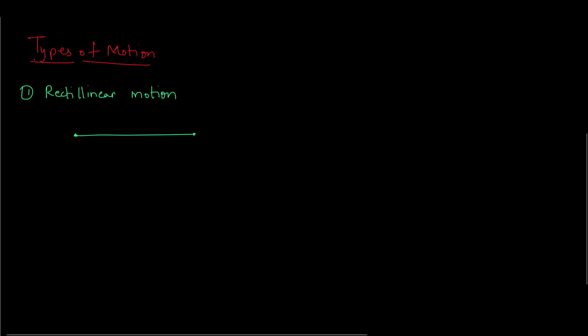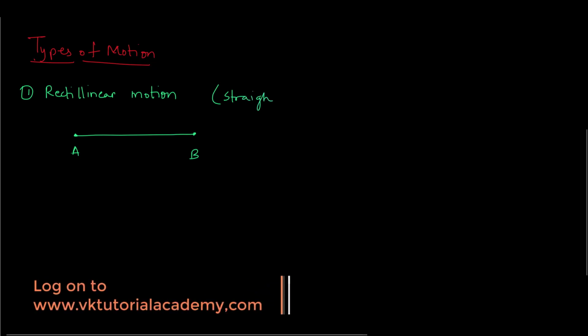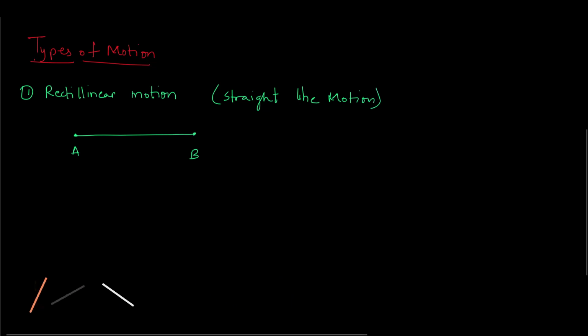Next we'll see what are the different types of motion. First is rectilinear motion. Motion along a straight line is called rectilinear motion. Straight line motion or motion along a straight line is called rectilinear motion.